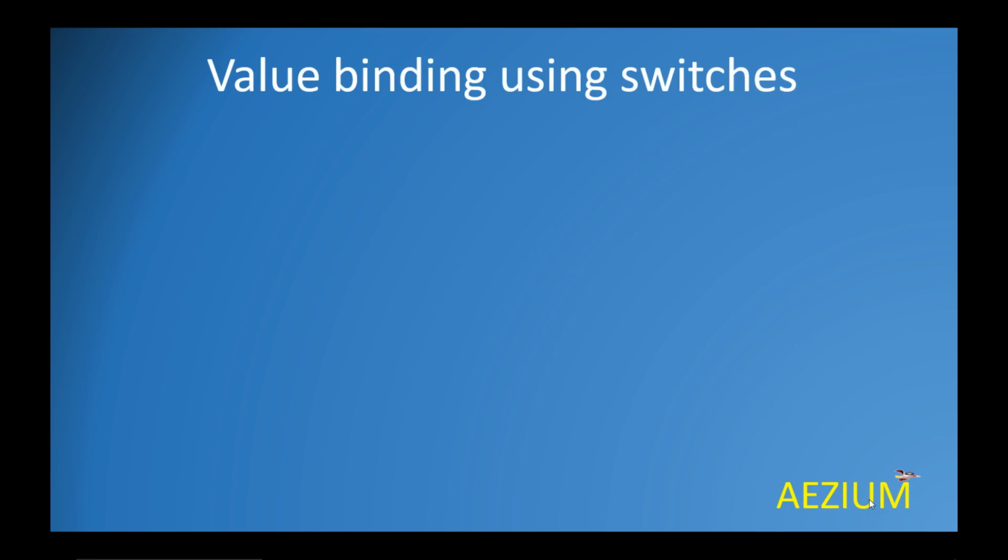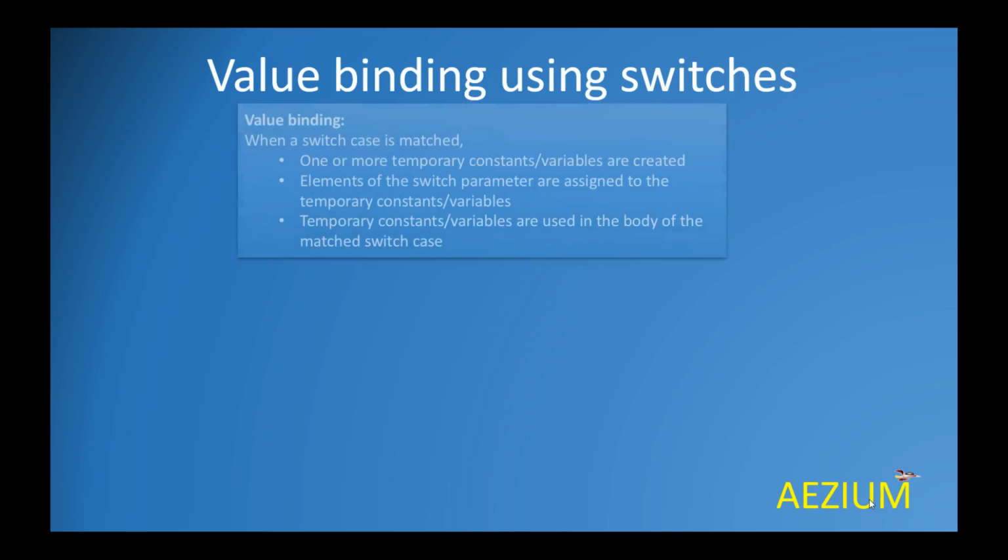With switches, an idea called value binding can be used. Value binding is a method whereby when a switch case is matched, one or more temporary parameters are created.